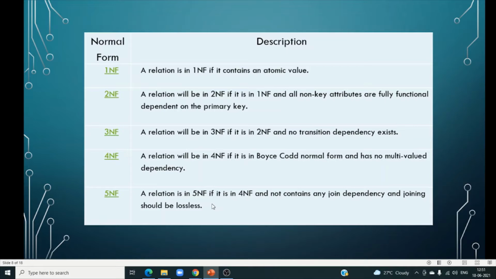And when we check the fifth normal form, the table or relation must be in fourth normal form and not contain any join dependencies, and joining should be lossless. When we join the tables, the data should not be lost. Next we will learn about BCNF, fourth normal form and fifth normal form.